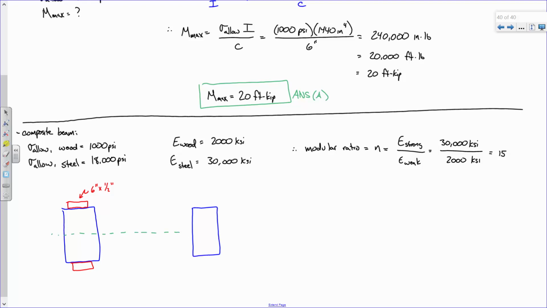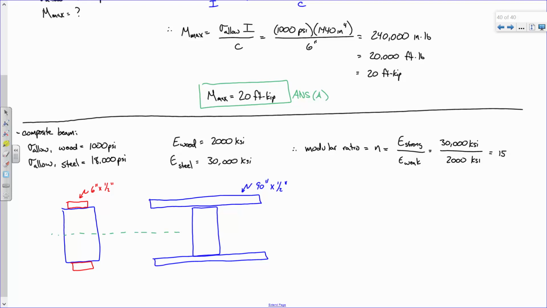Because that's our modular ratio. So essentially what we need is a really, really big wooden plate right here and a really, really big wooden plate here that is 90 by 1/2. And the same thing on the bottom. So you have to do both of them and not just one, so that the total increase in the area of the steel is 15 times larger?